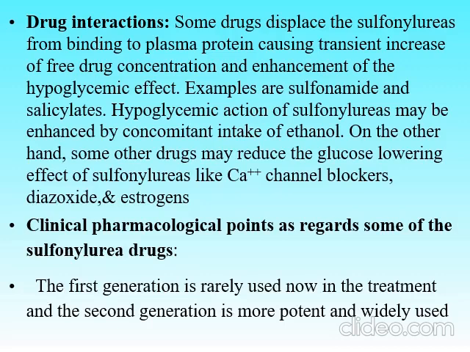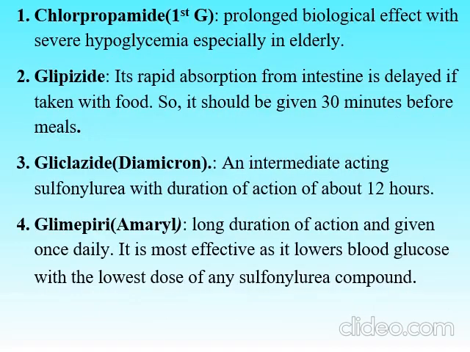Clinical pharmacology report about the sulfonylurea drugs. The first generation is rarely used now in the treatment, and the second generation are more potent and widely used. Chlorpropamide, the first generation, has prolonged biologic effect with severe hypoglycemia, especially in the elderly. Glipizide is rapidly absorbed from the intestine.